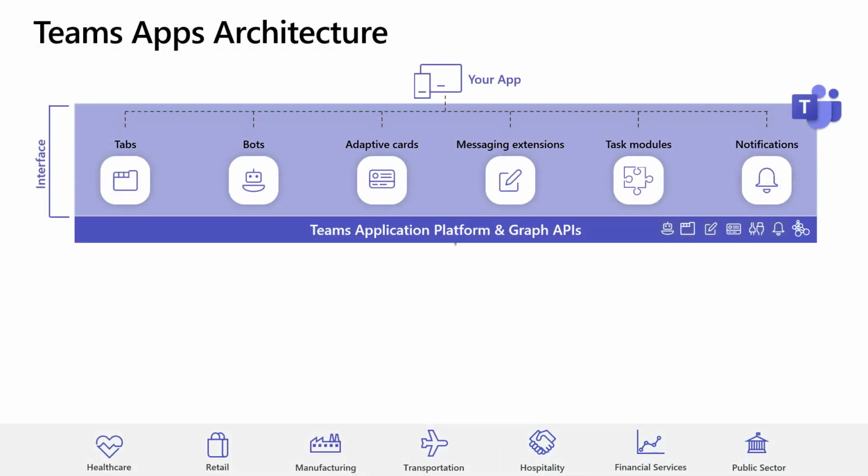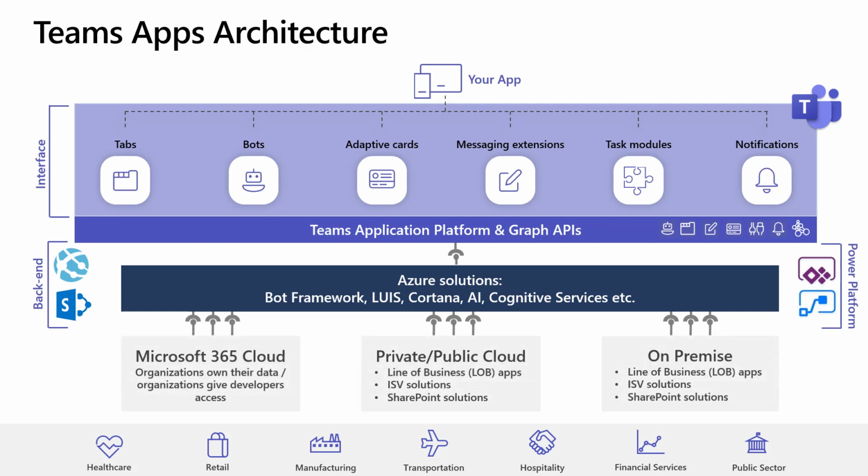Okay. This is the high-level overview of a Teams application architecture. Our app interface can be any of the following: tabs, bots, messaging extensions. Then we will build our app by consuming Microsoft Graph APIs and cognitive services. If our app is a bot, we can use the Bot Framework SDK and host the app on Azure Bot Service.